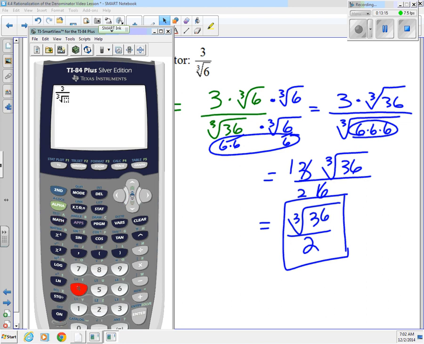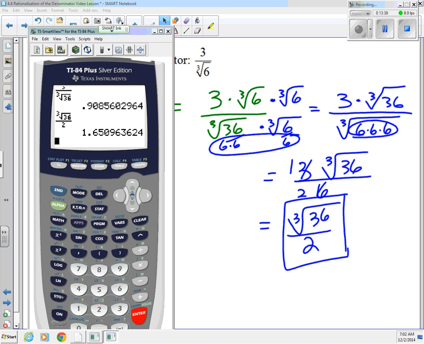The cube root of 36 gives me this decimal. And now I want to take the cube root of 36, math 4, cube root of 36, and divide that by 2, and I will get the same exact answer.